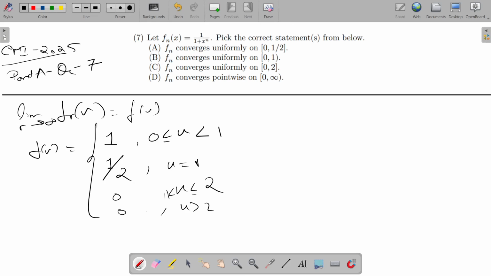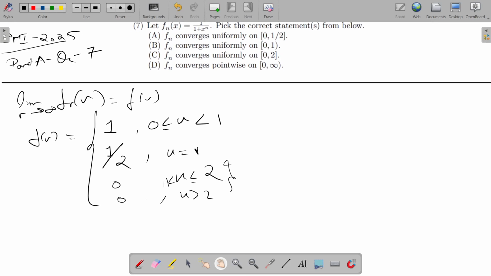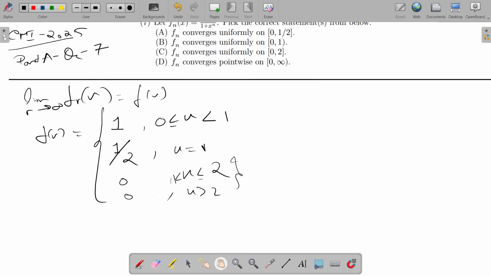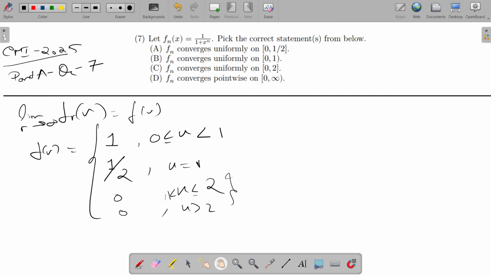We could have written both together, but for the sake of convenience we are writing it like this. So this is our limit function.